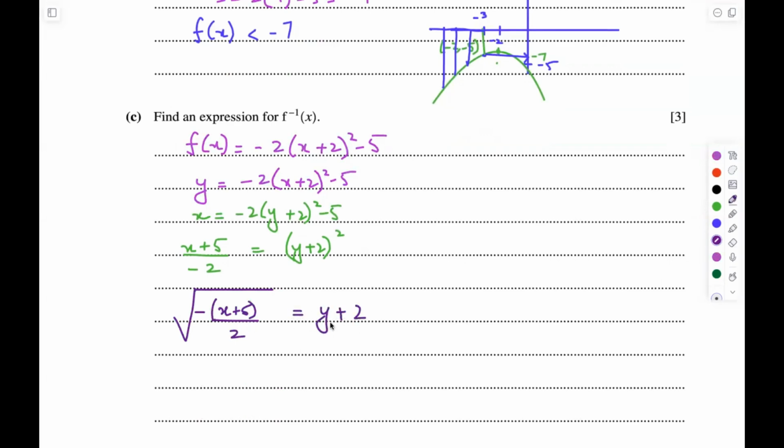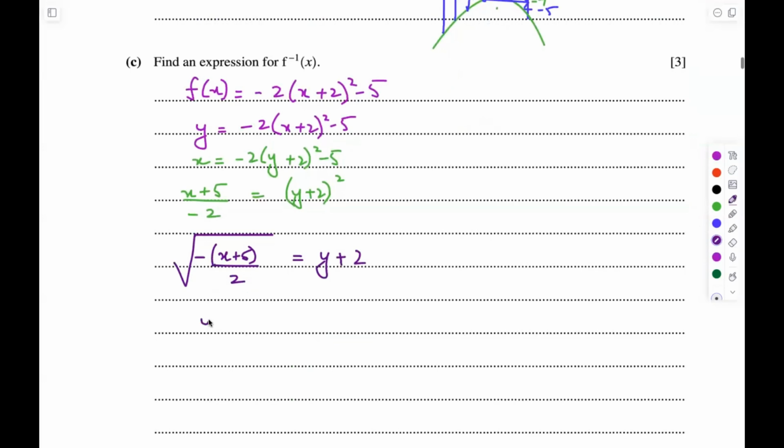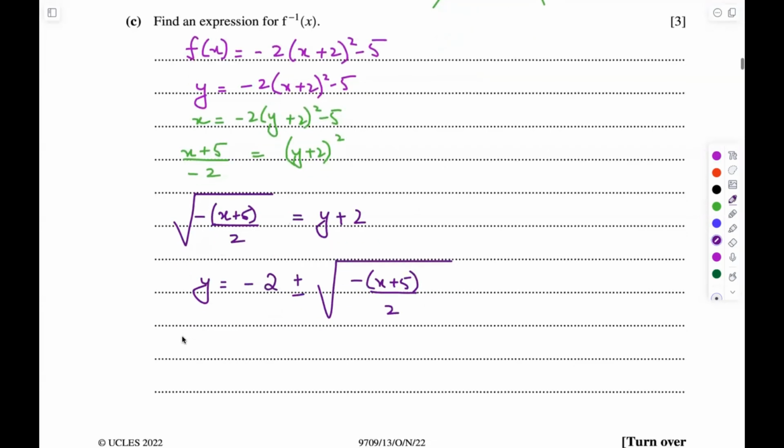And now taking 2 to the left hand side, y will be equal to minus 2, and as the square root has a plus minus sign, this will become plus minus the square root of (minus x minus 5) upon 2. So we can write that the function f inverse of x is minus 2 plus minus the square root of (minus x minus 5) upon 2.